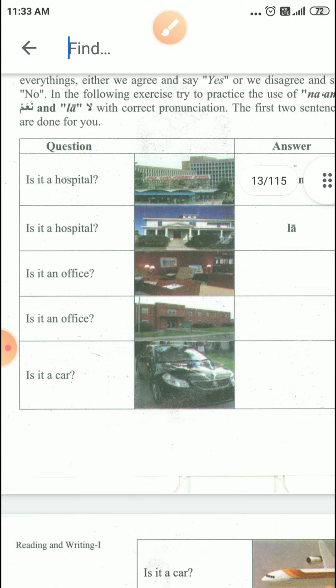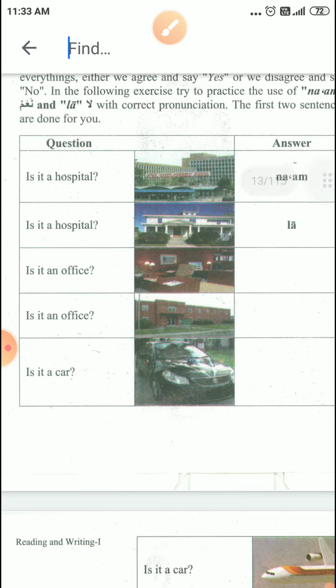Is it a hospital? Yes. Naam. Is it a hospital? La. No. Is it an office? Naam. Is it an office? La. No. Is it a car? Naam.